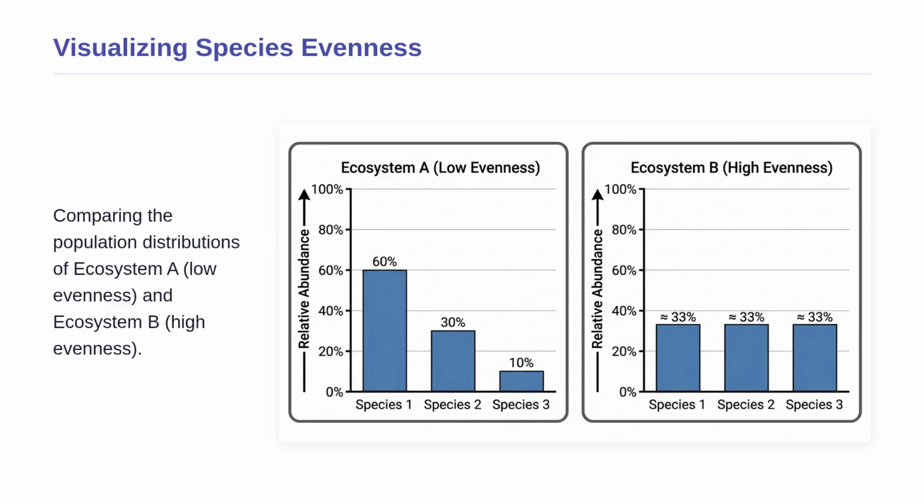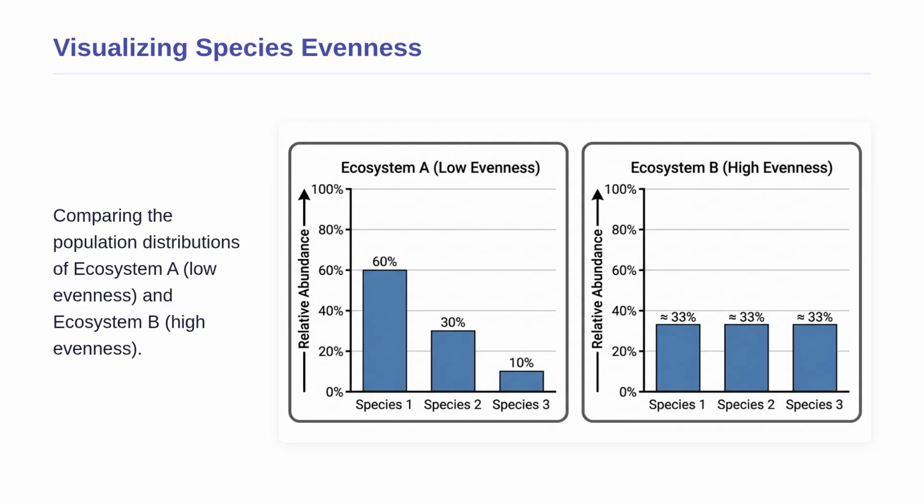To truly cement this concept, let us look at a visual representation of what we just calculated. On the screen, you see two bar charts comparing ecosystem A on the left with ecosystem B on the right. The vertical axis represents the relative abundance, or percentage, of the population.